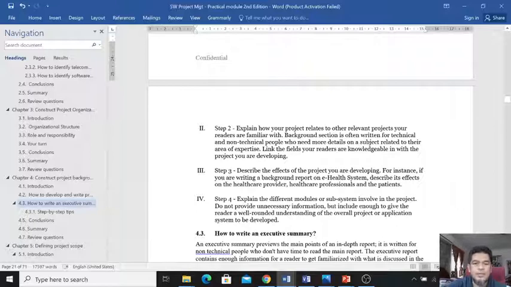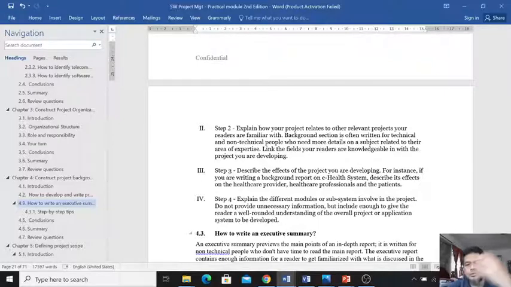Okay. Step 3, describe the effect of the project. Let's say if this project is not implemented, what happens to the current business process. Explain the different modules or subsystems involved in the project. Do not provide unnecessary information, but include enough to give the reader a well-rounded understanding of the overall project or application system to be developed.